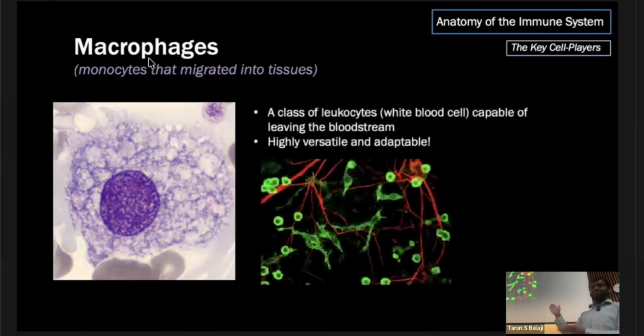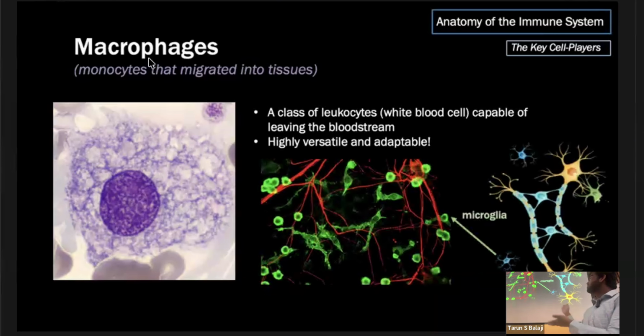We've also seen these things. I'll give you a little hint. We're looking at nervous tissue over here. So you've got neurons in red, and these tiny little green things, those are microglia. Those are just macrophages that are adapted to your nervous system.